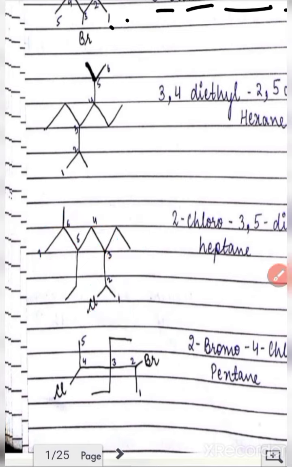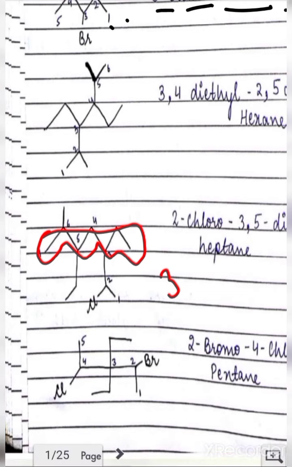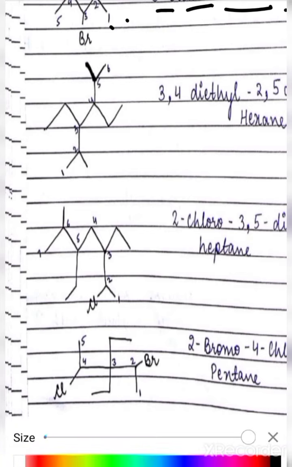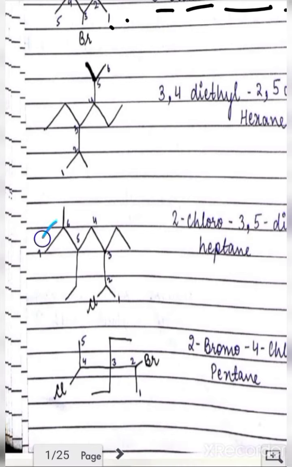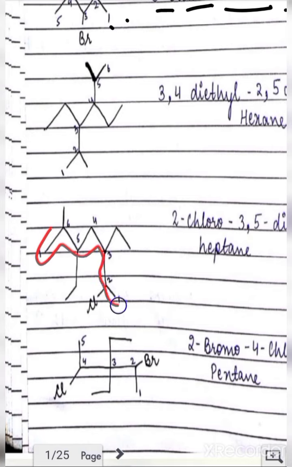If we look into this chain, it has 3 substituents, while our next chain, this one, has 4 substituents: first, second, third and fourth. So 4 substituents, so this chain will be preferred. This chain will be our parent carbon chain.